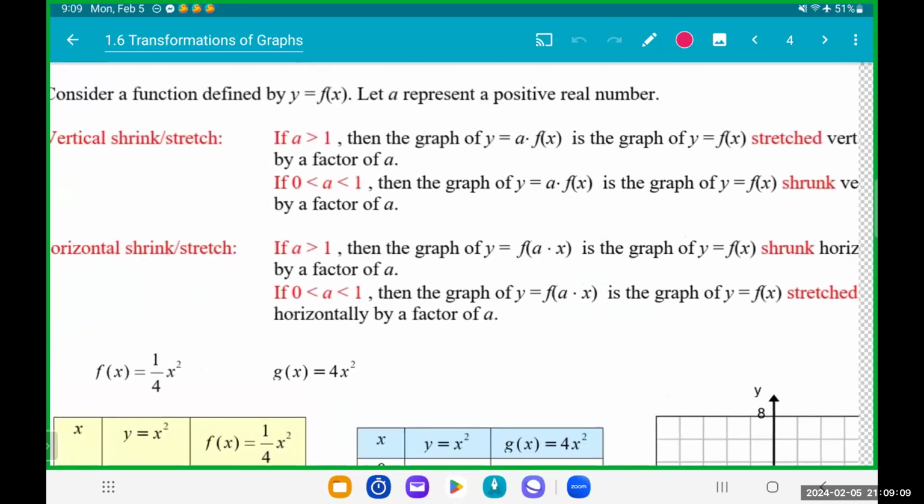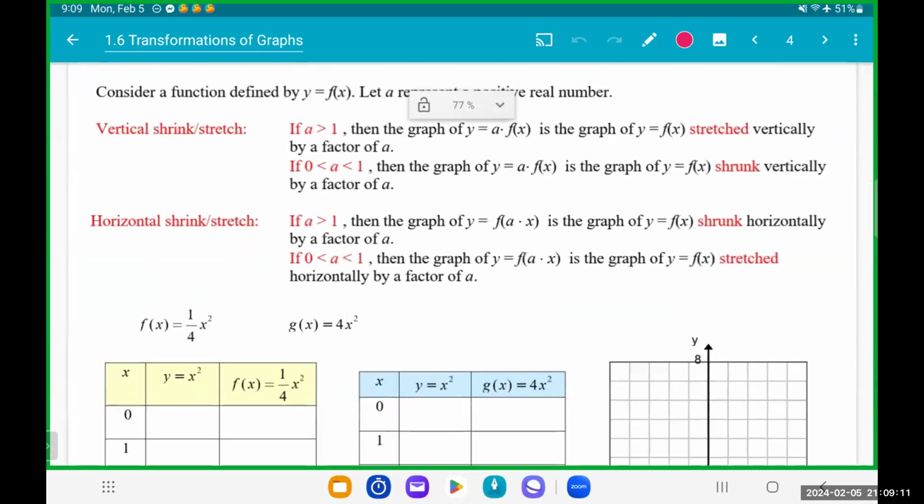stretching. And so what that means is, if our function is here and we have some value in front of the function. So if we're looking at just x, that is our parent function.